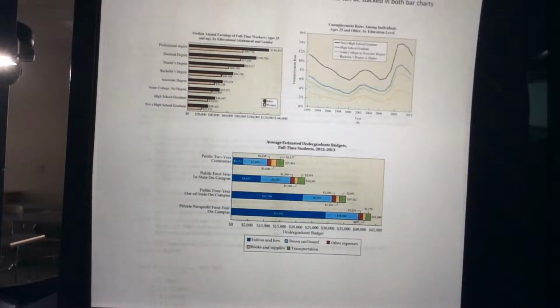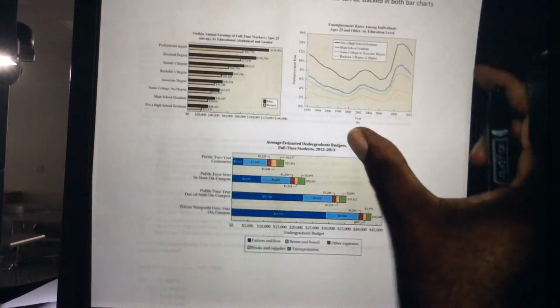Okay. So now we're going to look at some examples of these particular graphs. Like in example 1, here we got a multiple line chart.